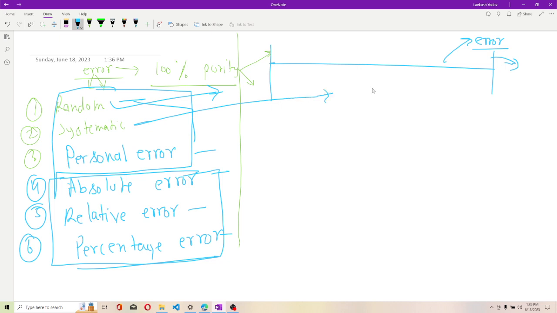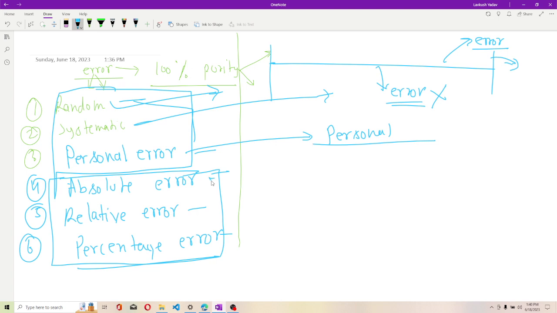Systematic error: suppose the measuring instrument through which you are measuring that object, whatever it is, has an error inside the system as well. So that's why you cannot get the exact result. The measuring person can also have some sort of error while measuring, so it comes under personal error. So these are the theoretical errors.